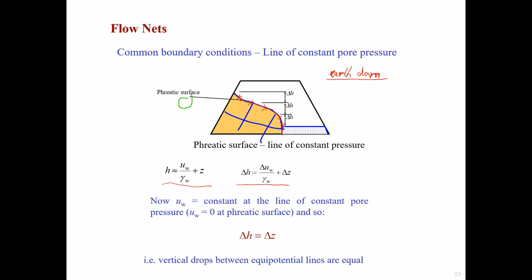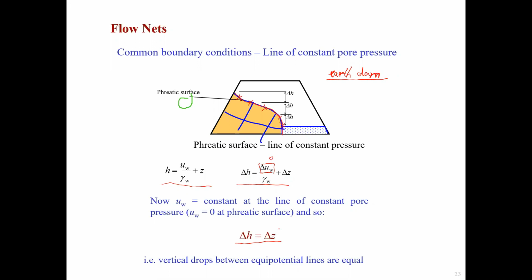That's the upper level of the water. So the pore water pressure is zero, so this term will be zero. So eventually, we get delta H equals delta Z.